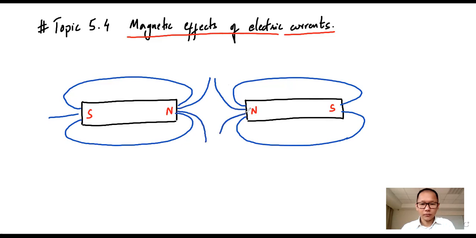They will tend to repel each other. And if you're looking at the direction, the direction is again from north to south. So it will go like this. The direction of the magnetic field lines will look like this.